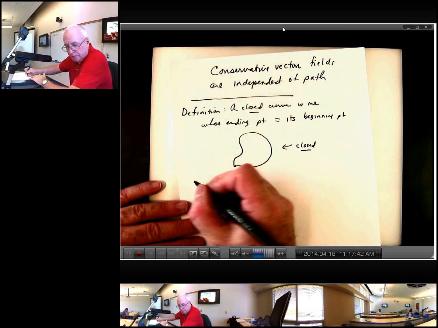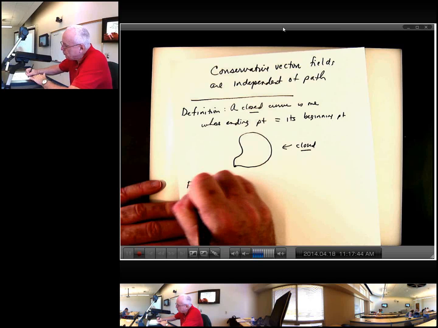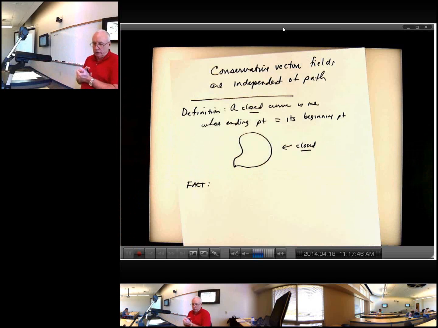Now, there's a couple of facts here that are connected with a closed curve.